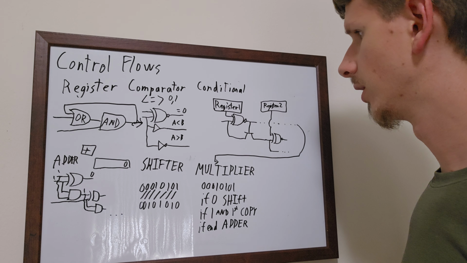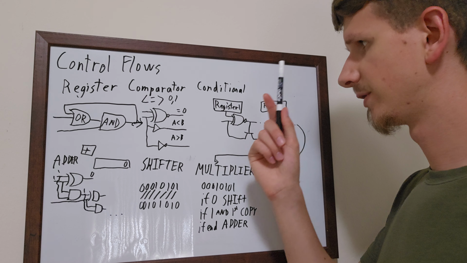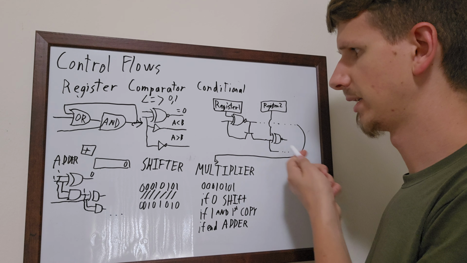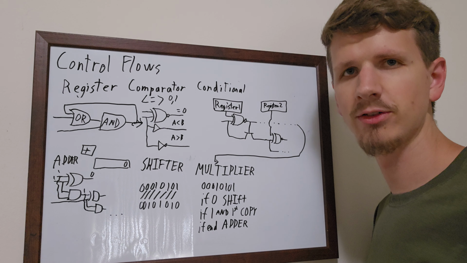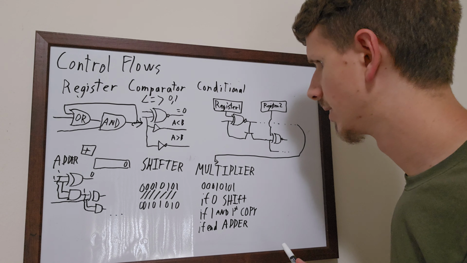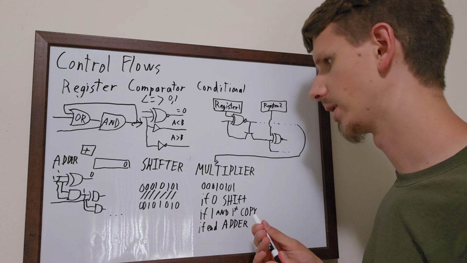Conditional. So here you have registers, and it's very similar to the comparator. In this case, we're assuming something like the register has a 1. So if 1, then do something. If 0, something else. But you could have it be 1, 0, and whatever the conditionals are.